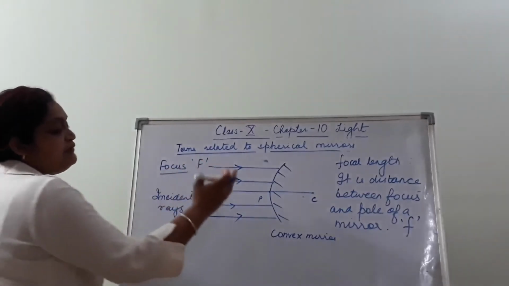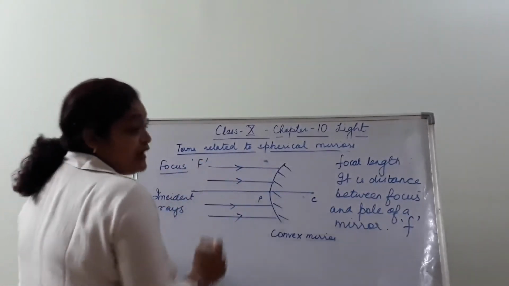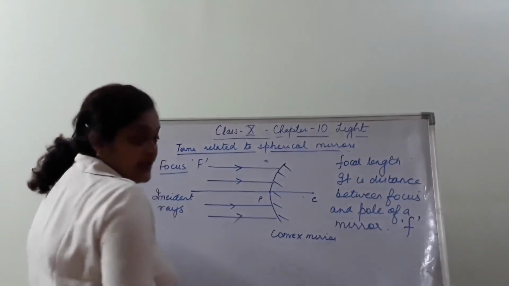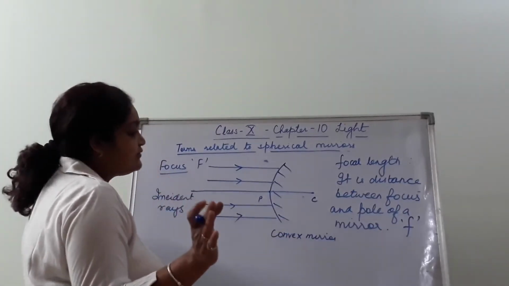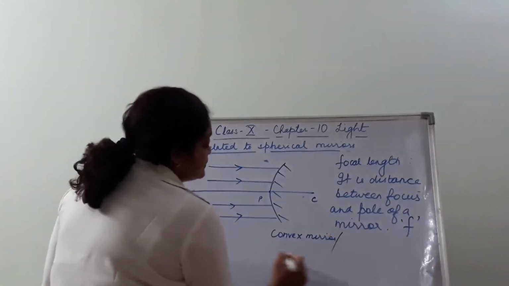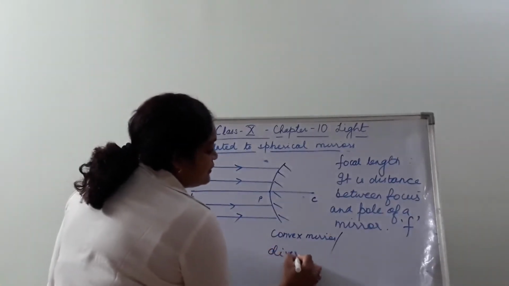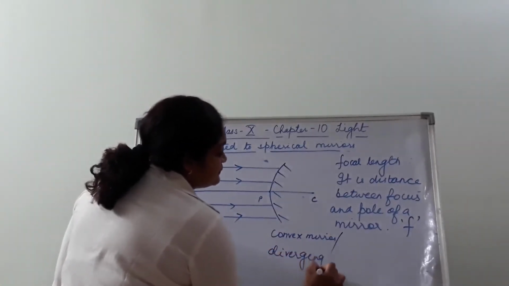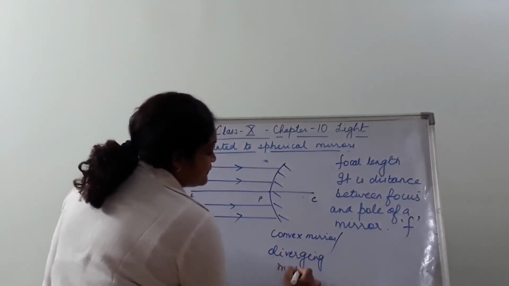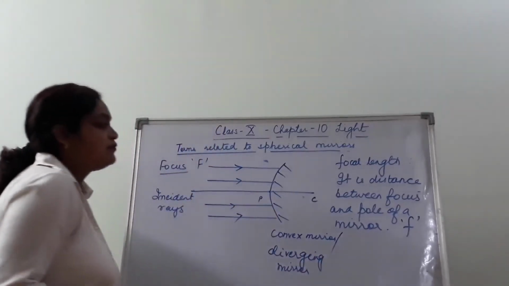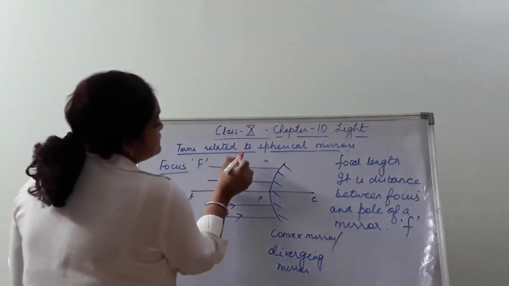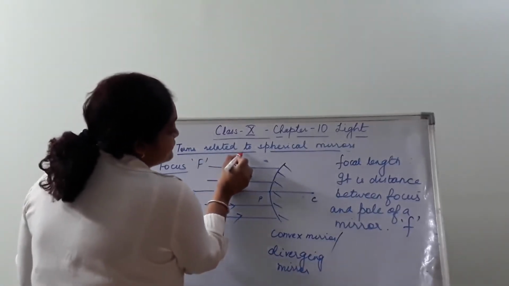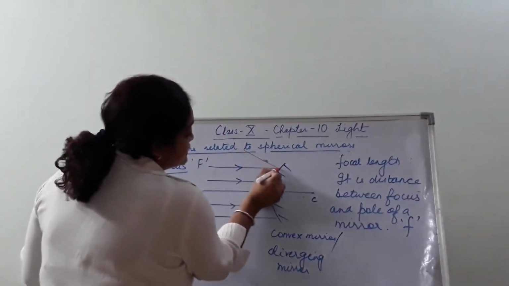What will happen? When they strike the mirror, they will reflect. But in this case, this convex mirror will not converge the light rays. It will diverge them. That is why it is also called a diverging mirror. It will diverge the light rays like this.